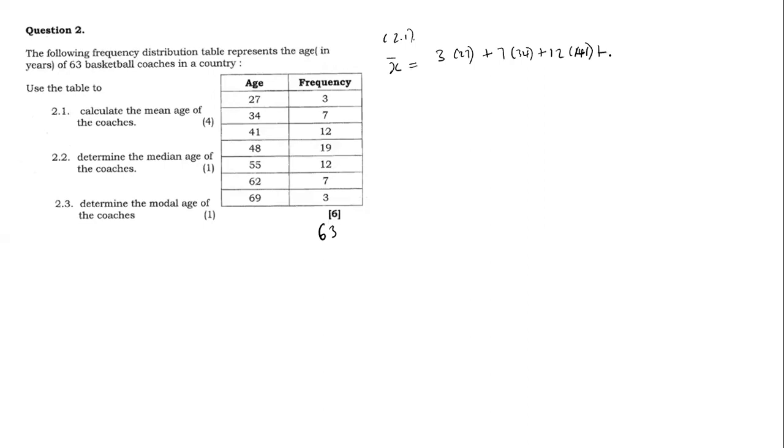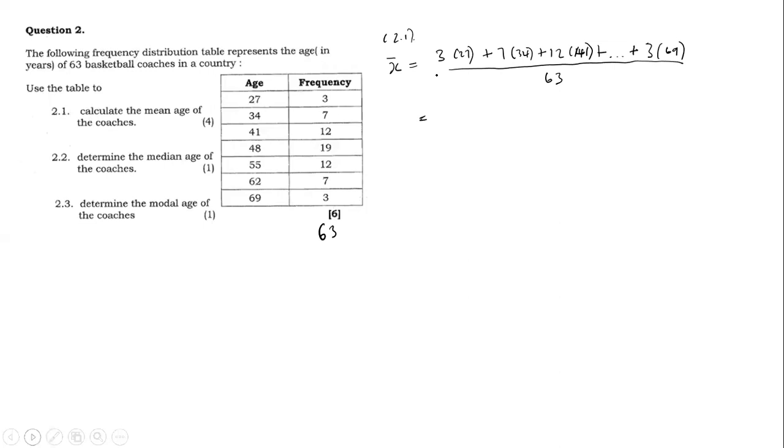You will continue. I'm not going to continue; you will continue in your exam. And then I'm going to use the last value, which is 3 multiplied by 69. This is the last term. Therefore, I'm going to add all of these products and divide by the total number of basketball coaches in the country, which is 63.